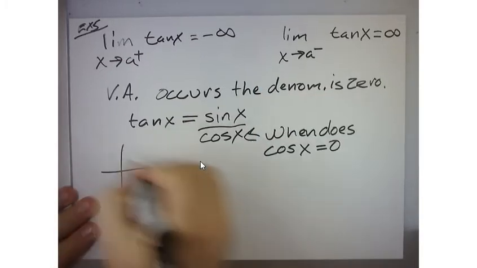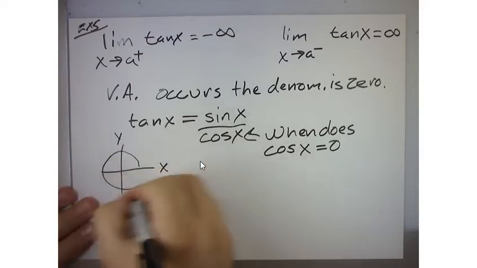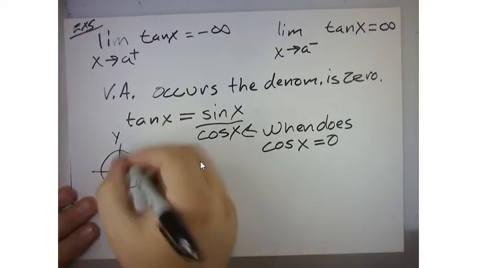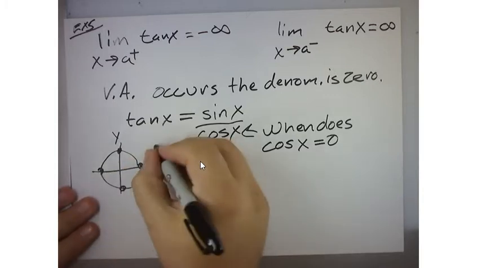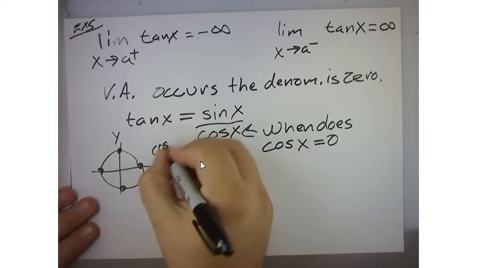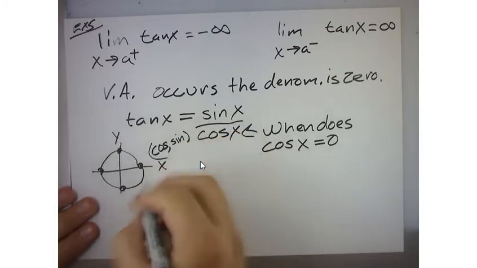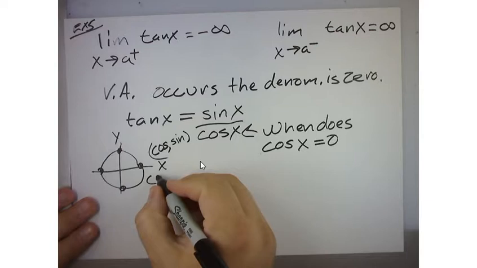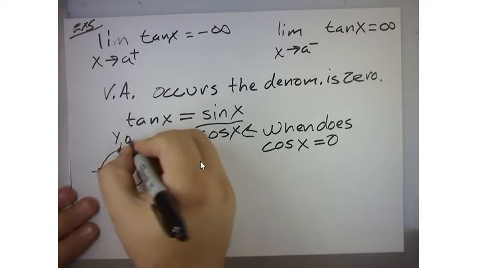Boom! That's a graph. This is the unit circle, and it's always going to be cosine, comma, sine. This point here is 1, comma 0. This point here is 0, comma 1.